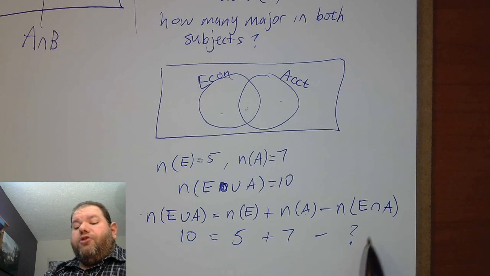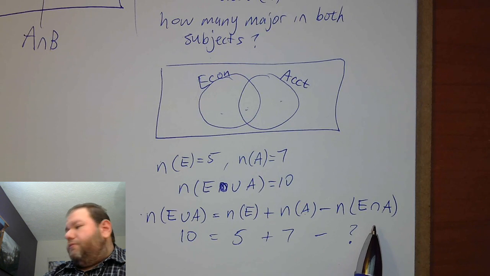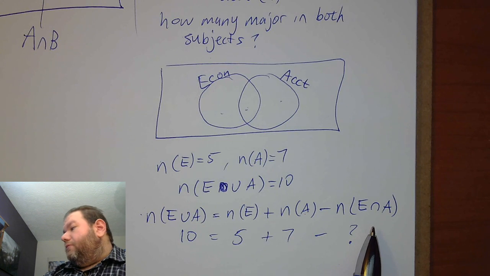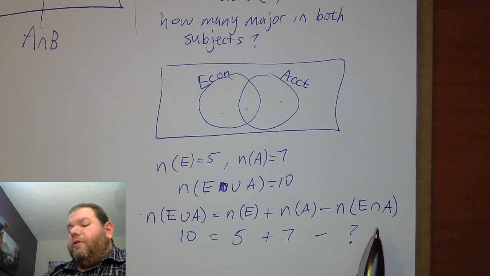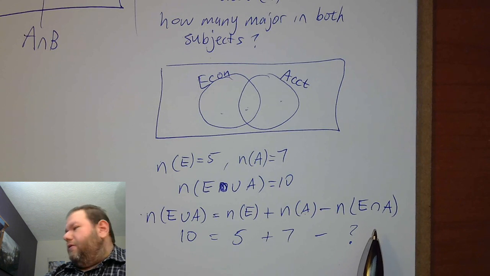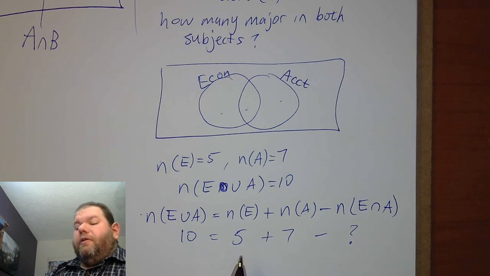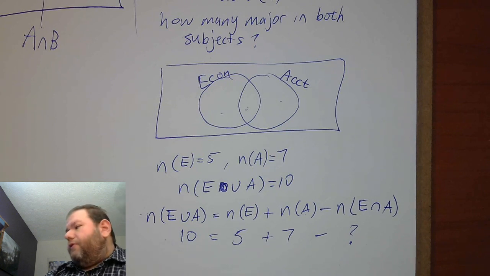So looking at this equation, how many people are in this last group? 2? So 5 and 7 is 12. Take away what number to equal 10? Well, 12 minus 2 would equal 10.